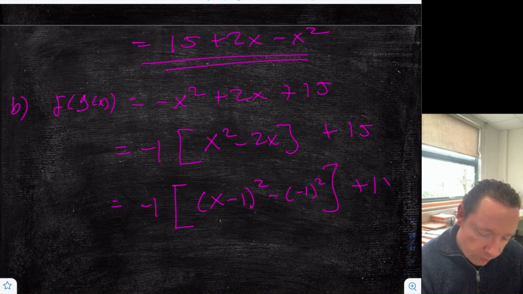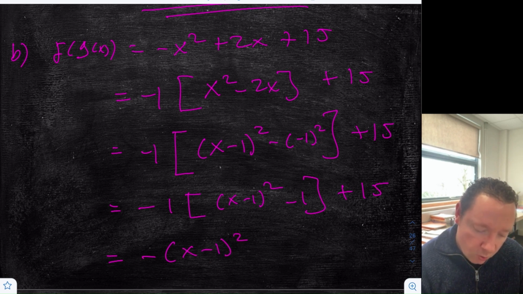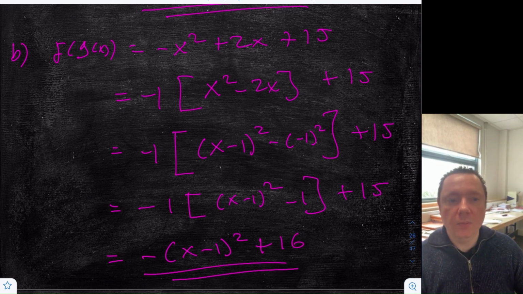I've still got plus 15. So that gives me minus 1, x minus 1 squared, take away 1, plus 15, which is minus x minus 1 squared. Minus 1 times minus 1 is 1, so 1 plus 15 is 16. And that's it in completed square form.